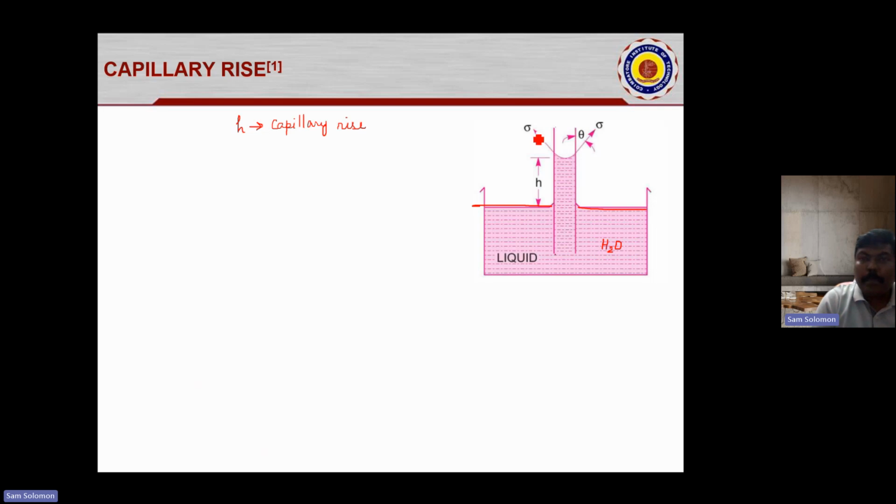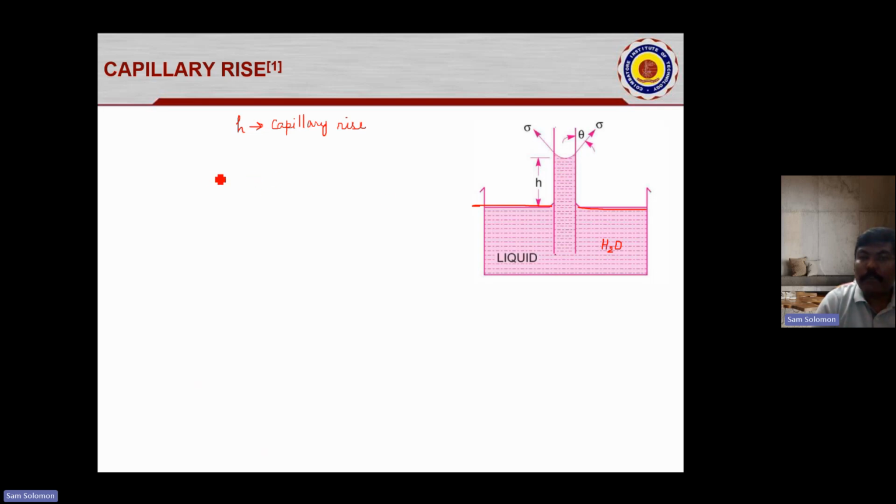And you can see that there is surface tension acting on the surface, and we know that it is going to act throughout the circumference. It is something like a test tube which is open on both ends, so you are going to have this particular dip throughout the circumference of the fluid. So what you have here is the surface tension force acting on the free surface of the liquid that is in contact with the surface of the tube.